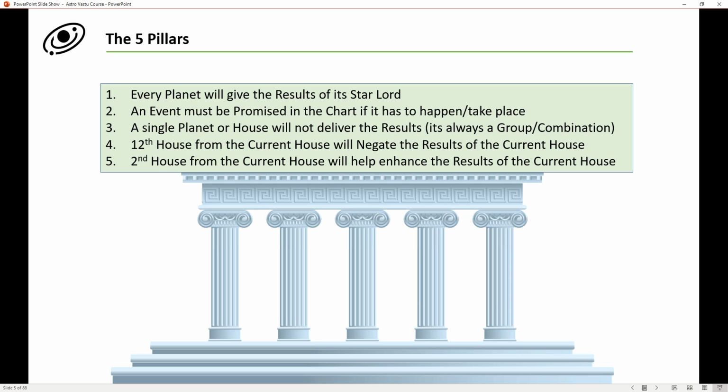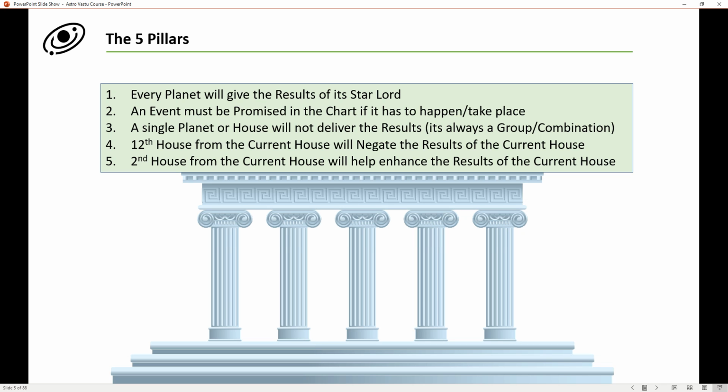The third rule is a single planet or house cannot deliver the results. Say for example, if we consider marriage, a single house or a planet cannot make this event happen. The 7th house is considered the primary house for marriage, but the 7th house alone will not give the marriage. Or a single planet, let's say Jupiter is signifying the 7th house, Jupiter alone will not be able to give the marriage.